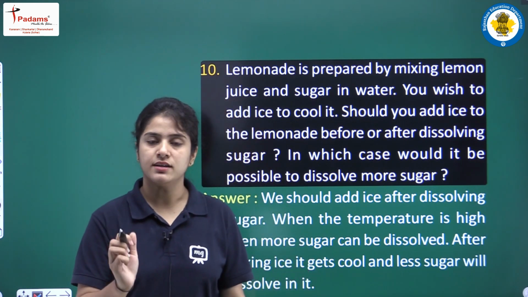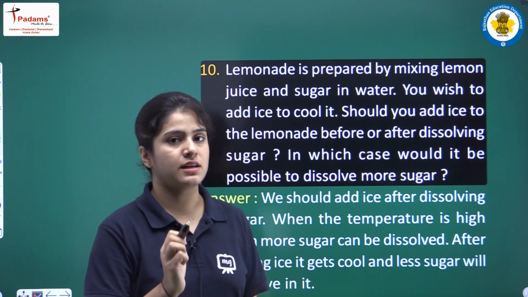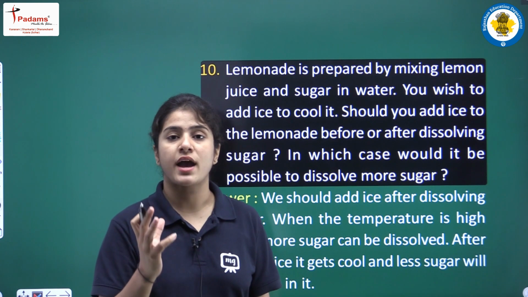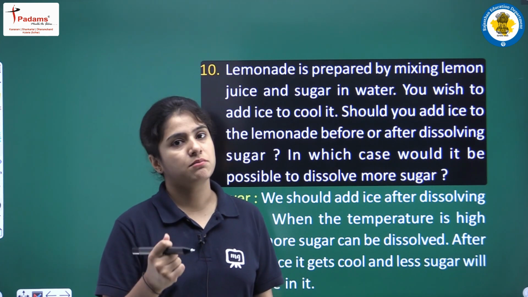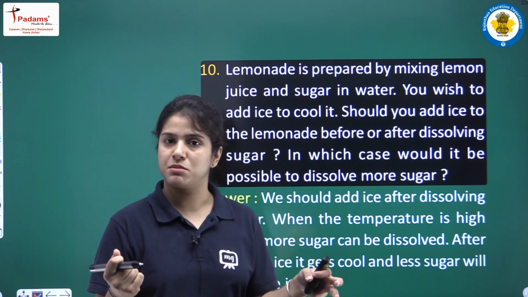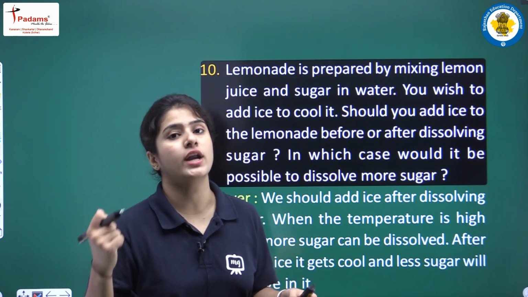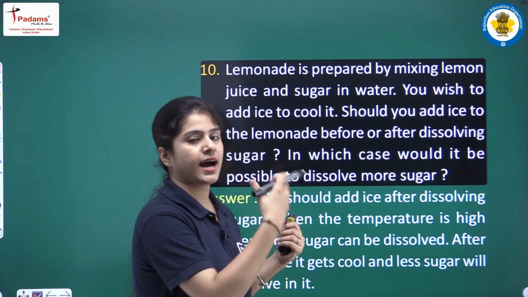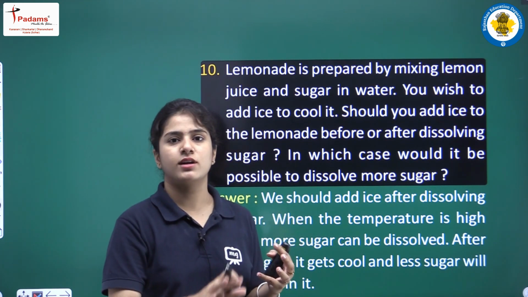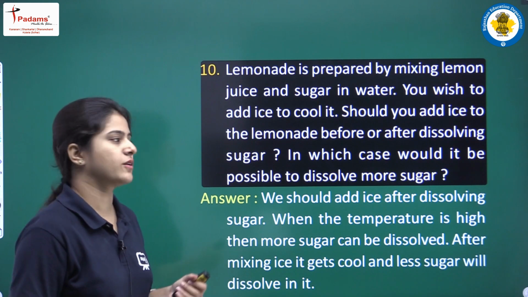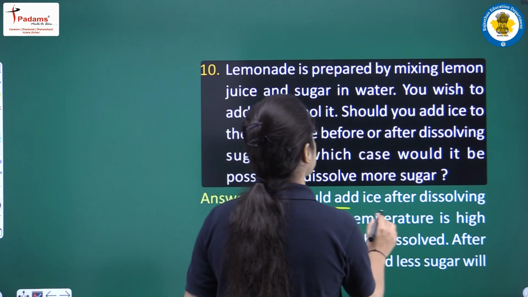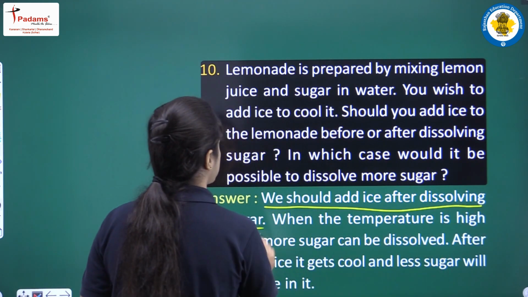Students, remember one thing: when you want to dissolve any particular thing in water, you need to have the temperature high. The higher the temperature, the more substance can be dissolved in it. So you need to dissolve the sugar before adding ice. We'll add the ice cubes after we have dissolved the sugar. So have a look. We should add ice after dissolving the sugar.